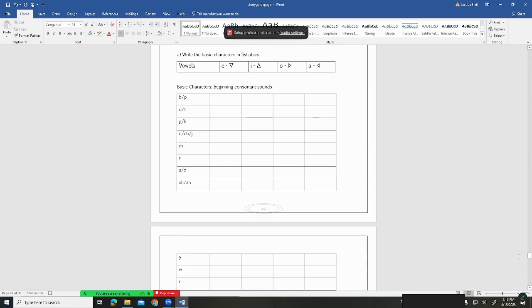You could hear the long E sound. In the Cree word it would be egatebo, which is move or to change seat. You could hear that long E sound in the word.